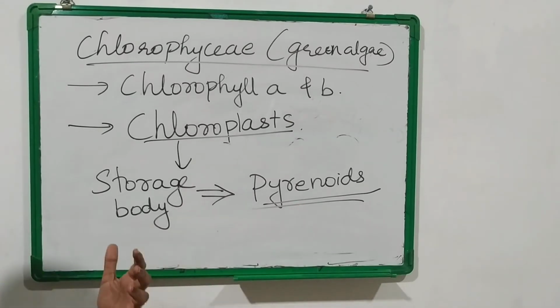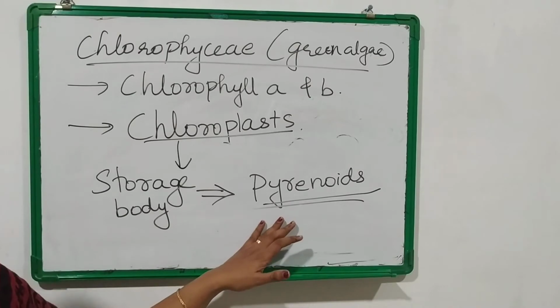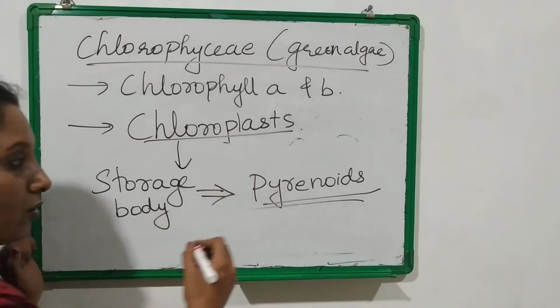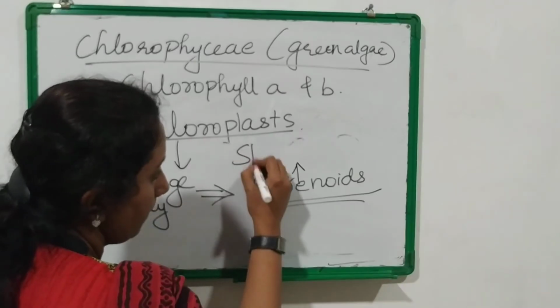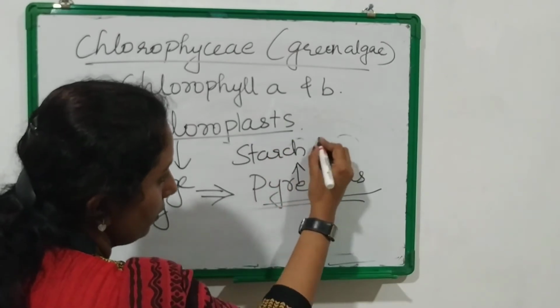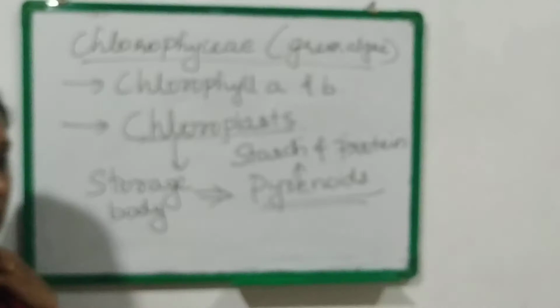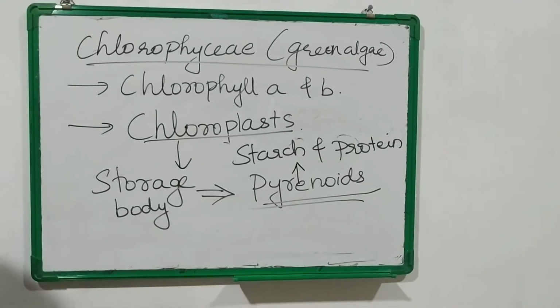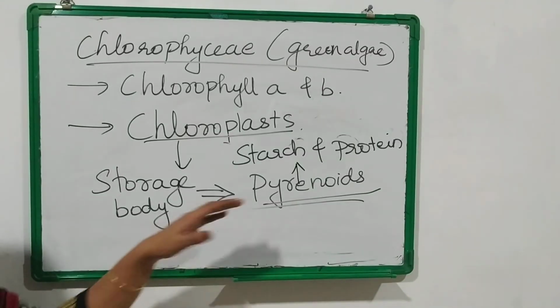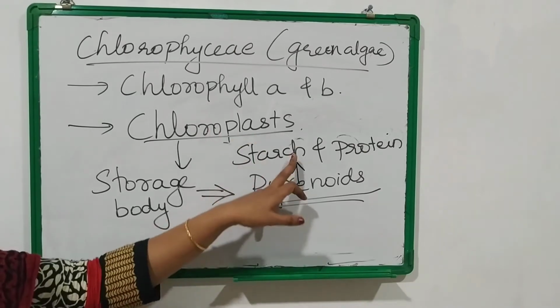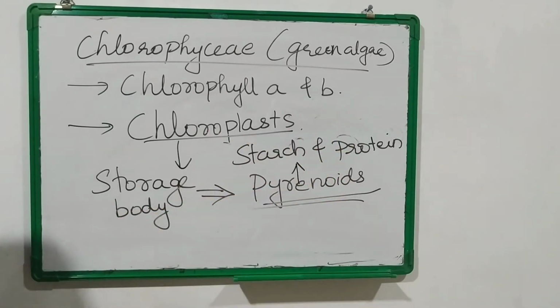What is the main storage material in autotrophic organisms or plants? That is starch. So these pyrenoids will store starch and also some amount of protein.